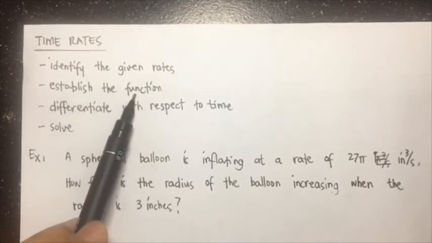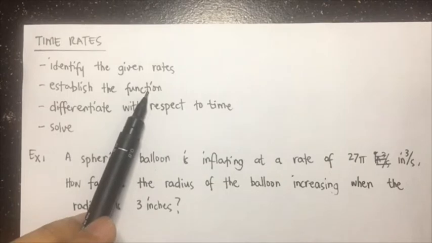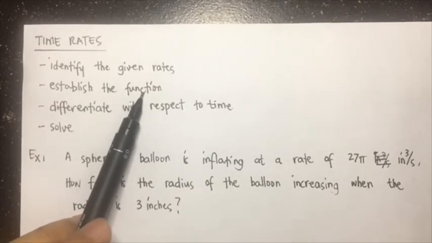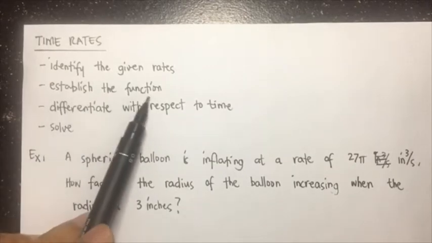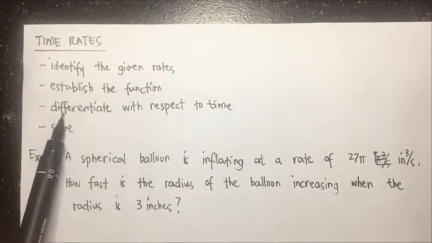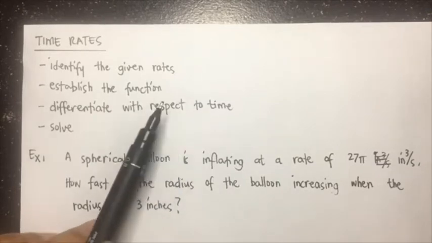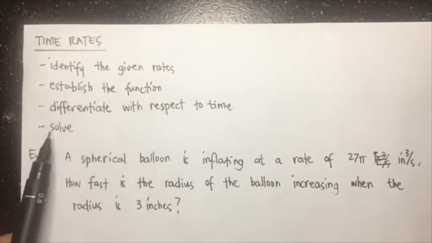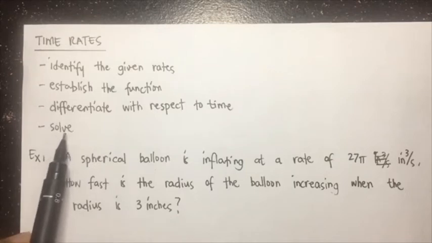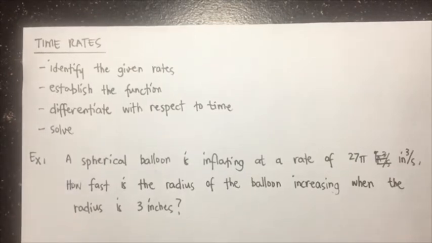The function will be used in solving the problem. Once we have the function, we will differentiate it with respect to time, and then solve for the required quantity in the problem.